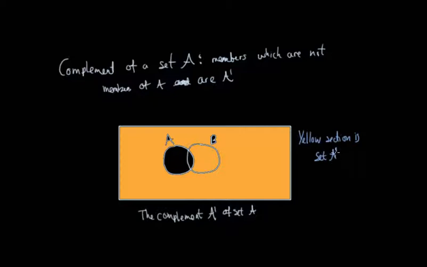So let's look at some examples to help us with this a bit further. So we're going to have another diagram. Get the rectangle, and we're going to have set A, and we're going to have set B. I'm going to close that up a bit more because we're going to do some shading in a minute.